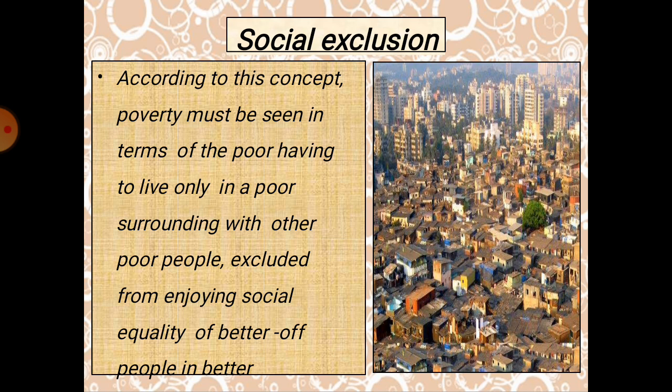Broadly, they say an individual or a group is excluded from facilities, benefits and opportunities that others get. If you go to a tea shop, average people are given a lot of importance and made to sit and have tea. But if a poor person goes, they are not even considered. They feel that he will not have money, so why would he buy and drink? He will just stand, see and go. That is the mindset of the people.